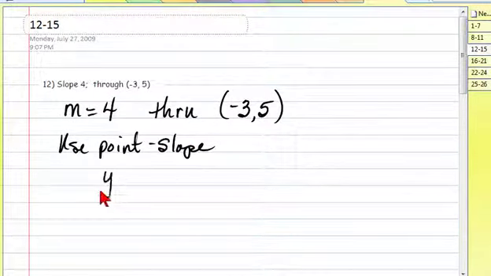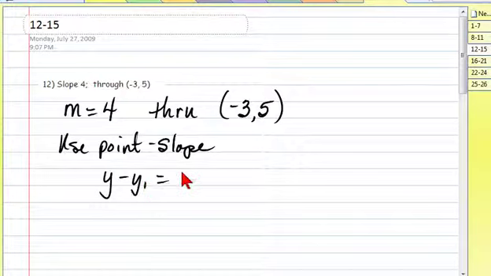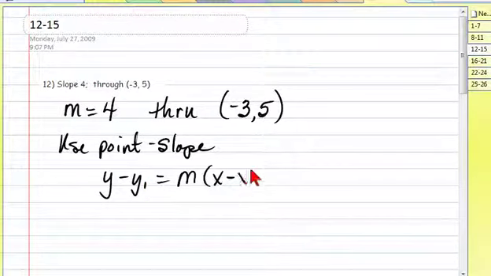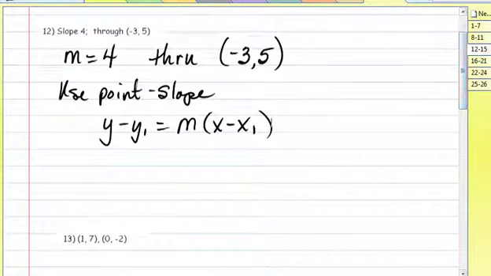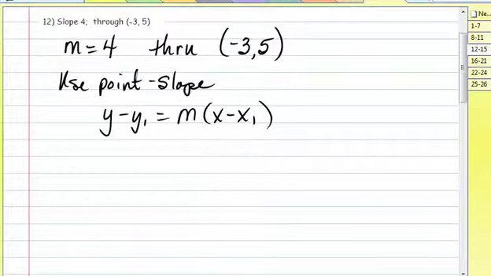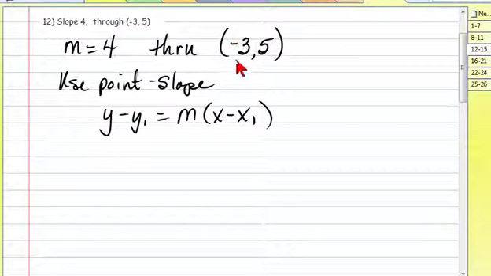The point slope form is y minus y1 equals m times x minus x1. All right, I've got my slope value up here. I've got x1, y1.